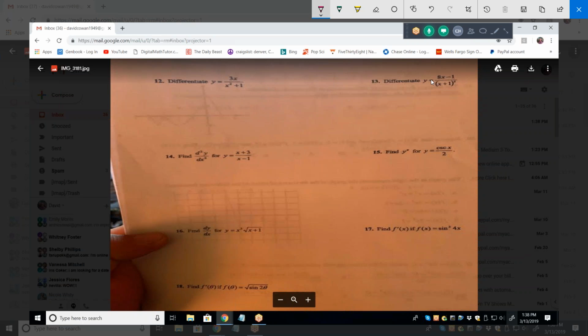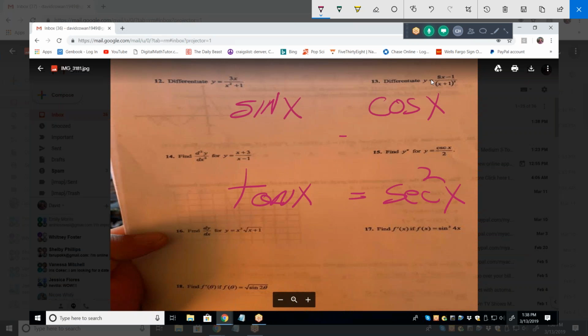Let me give you some tips on these. On the left is the function, on the right is its derivative. I'm going to write it a little differently here. I'm going to start with these three. Sine, cosine, tangent, secant. That's the one I want. Remember secant?